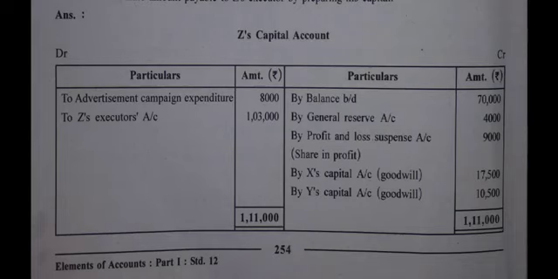Everything is similar to the partner's capital accounts that you already know how to prepare. The only difference is that you are preparing only the capital account of the partner who meets death. Remaining 2 partners you have excluded. Why? Because they haven't instructed us.